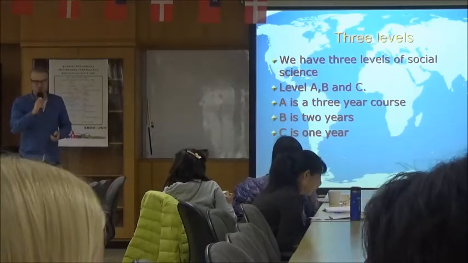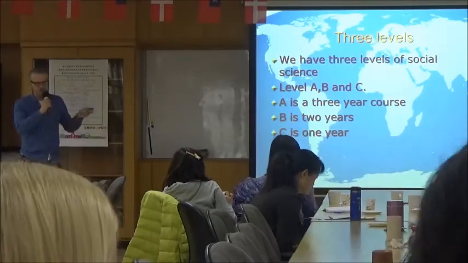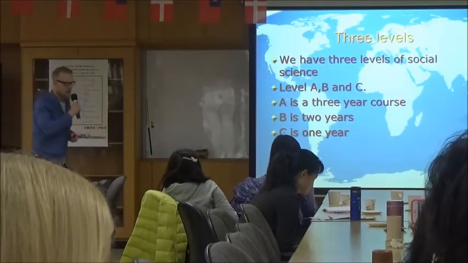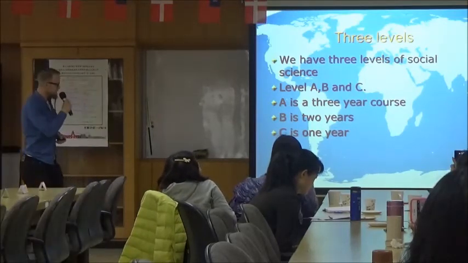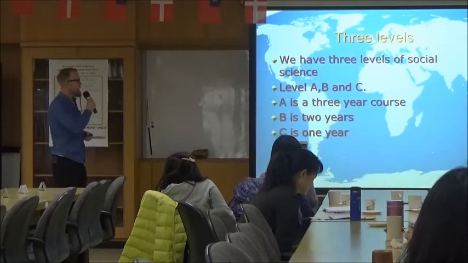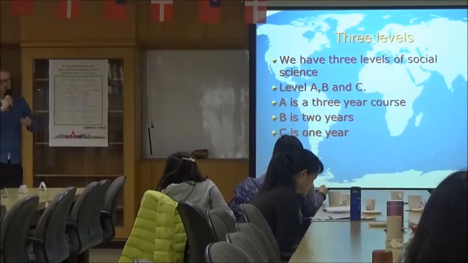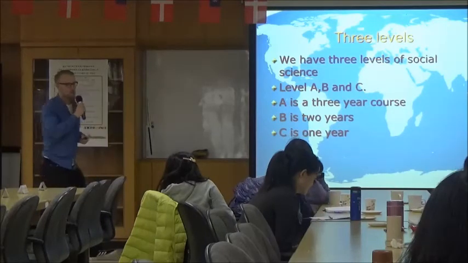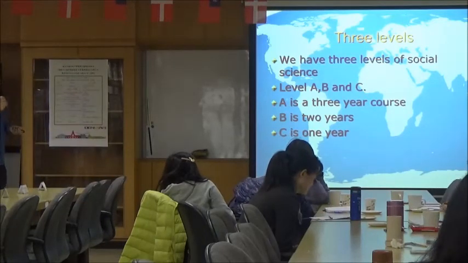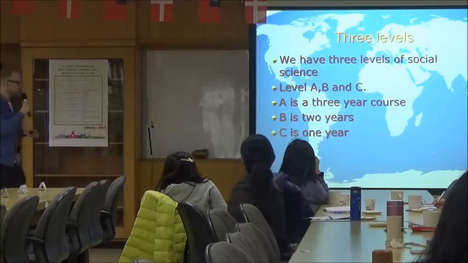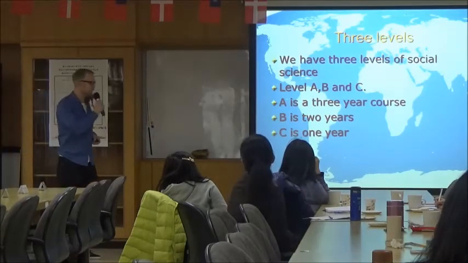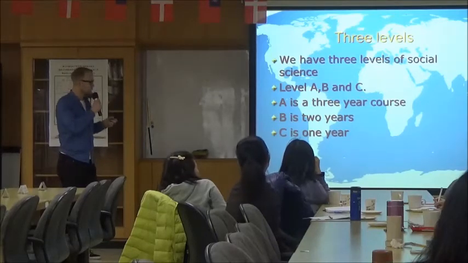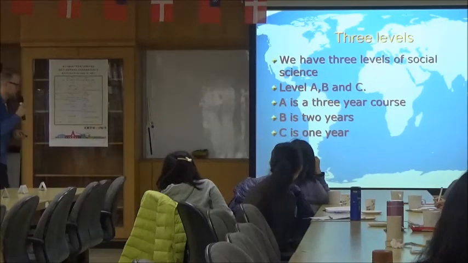Since we have such a short time, I'm probably going to skip some of the slides. But in Denmark we have 3 levels of social science, A, B and C. The A level is the highest level. That's a 3-year course. If they have it on a B level, then it's a 2-year course. And as Line said, it's mandatory for all the students to have it on at least a C level, which is for 1 year.